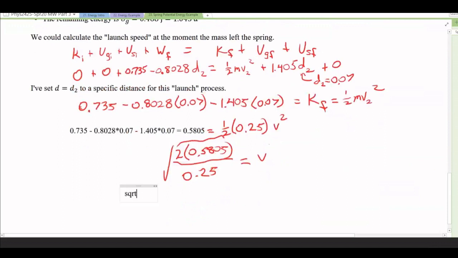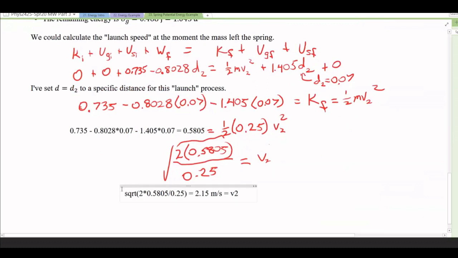So 2 times 0.5805 over 0.25 in the parentheses is 2.15 meters per second equals V2. I was calling it V2 for the second dot in the diagram.